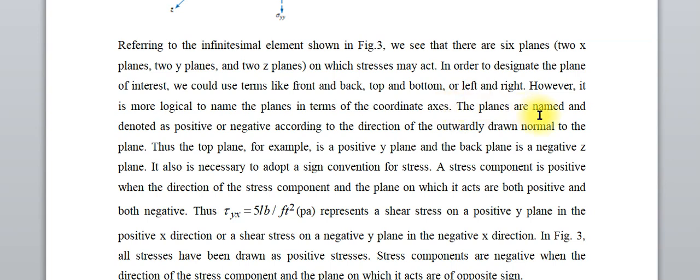The planes are named and denoted as positive or negative according to the direction of the outwardly drawn normal to the plane. So when the outward normal is in the positive x direction, we call this the positive plane, and when it is in the negative x direction, it will be considered a negative plane.